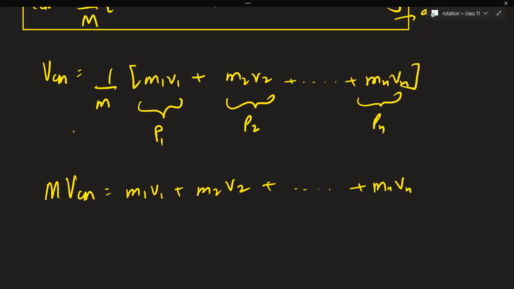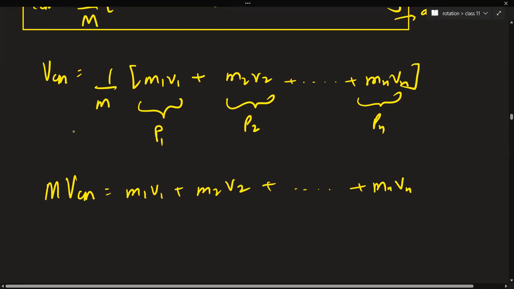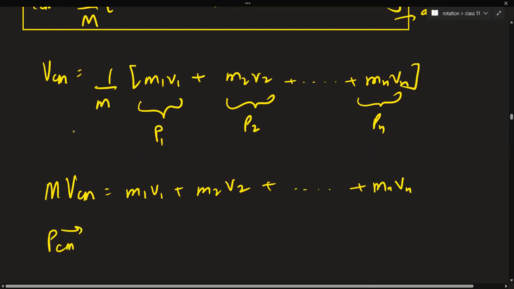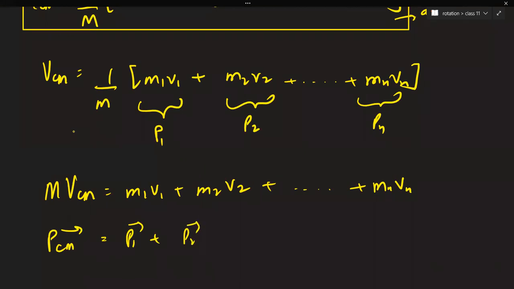Now see class, from here m into vcm, that means total mass of the system multiplied by velocity of center of mass. So mass into velocity will give you the total momentum of center of mass, which will be equal to P1 plus P2 up till Pn.